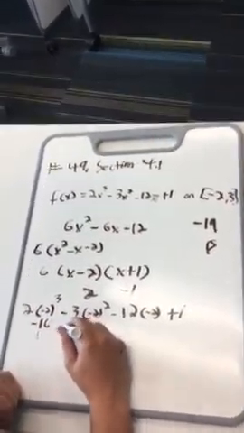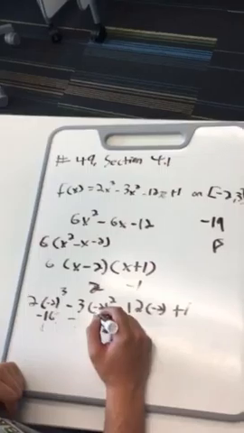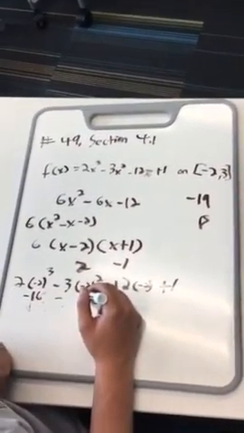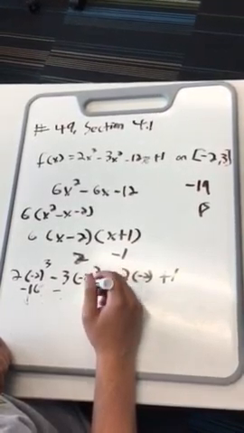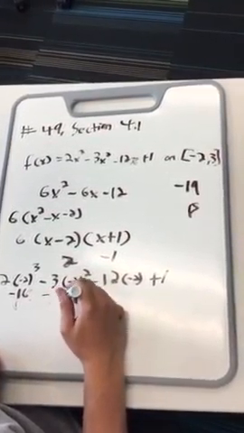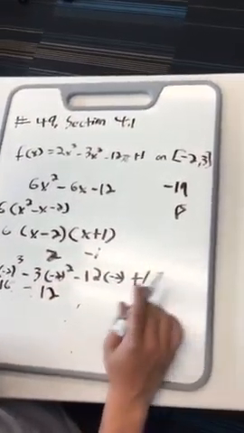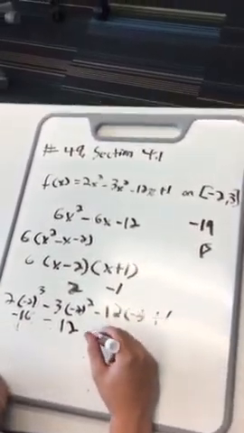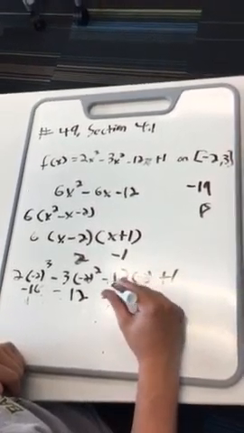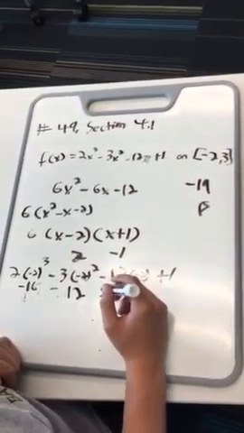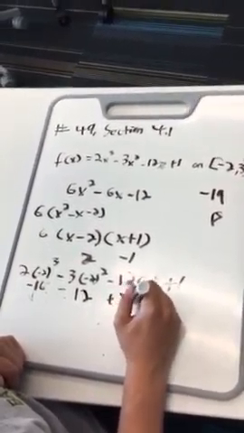And then we would have minus 3 times negative 2 squared, which is 4, and this would be 12, so that would be minus 12. And we would have minus 2 times negative 12, which would be minus negative 24, so it would be plus 24 plus 1.